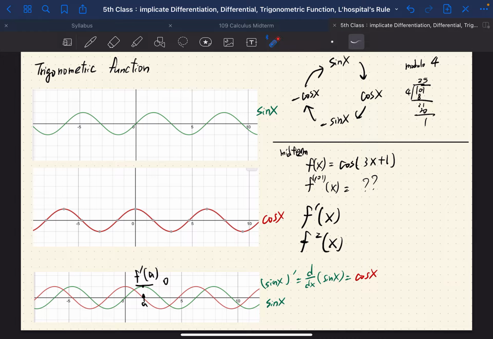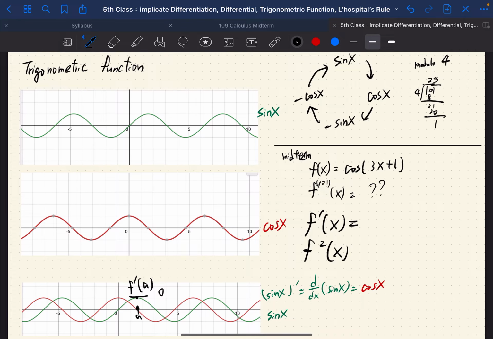This is a function; take one derivative, then take another derivative, and it will look like this. f^(101) means f of x differentiated 101 times. So how do we do this? First, the derivative of f of x: we do the derivative of cosine of x, which is negative sine of 3x plus 1.